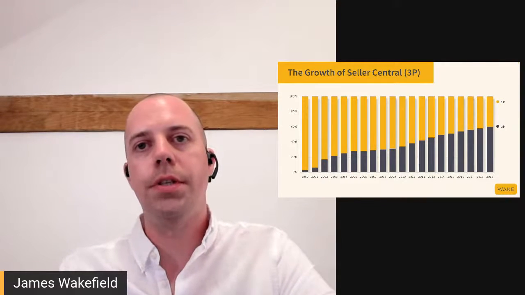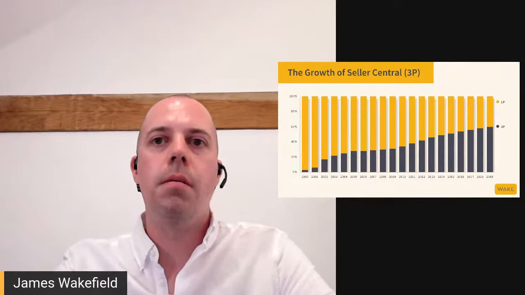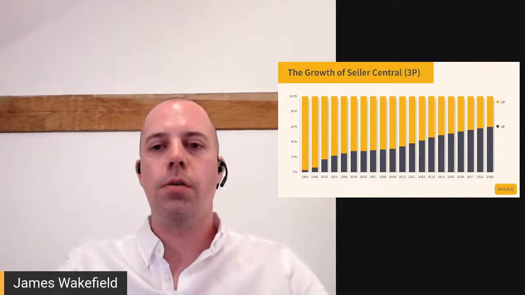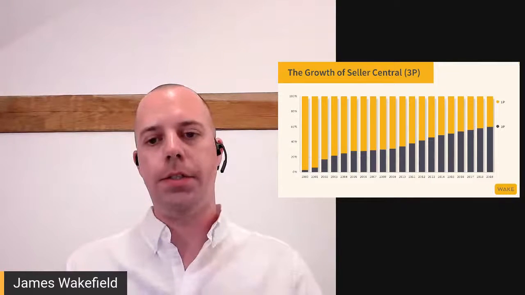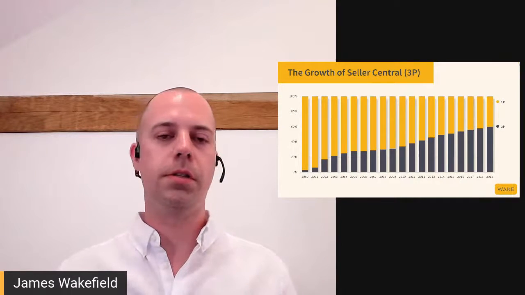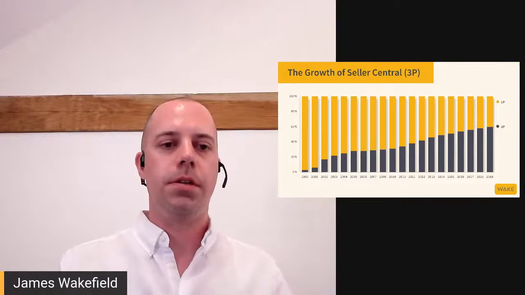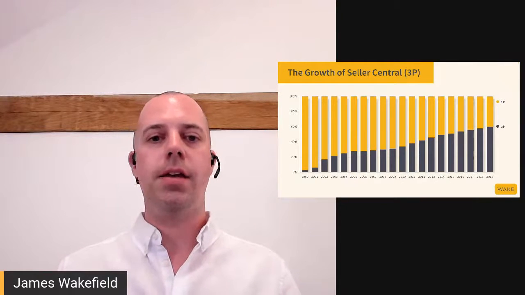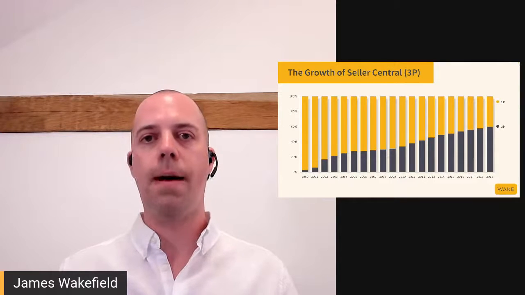Sellers were taking all the risk in terms of stock, warehousing, and Amazon were taking a commission on every sale. So this is what really drove Bezos's ambition for Amazon to become the everything store, because there's no way they could have achieved the sheer range of products that we see today if it was entirely them contributing to that.